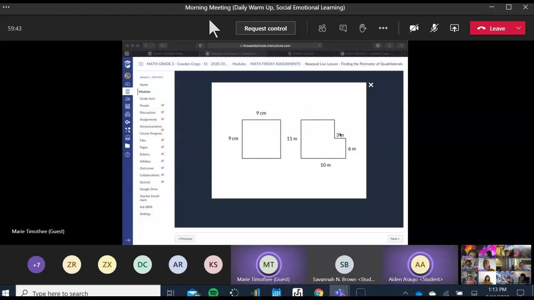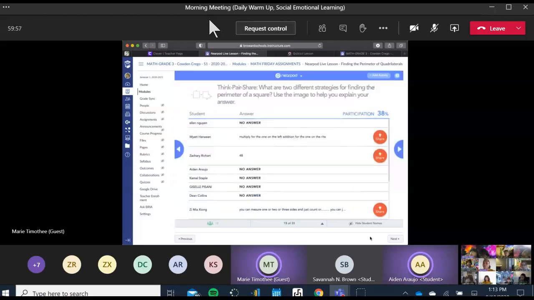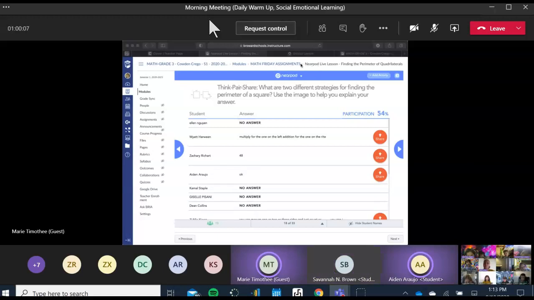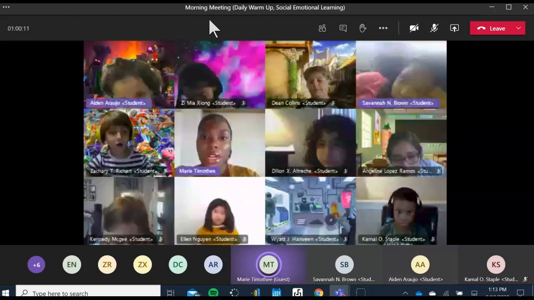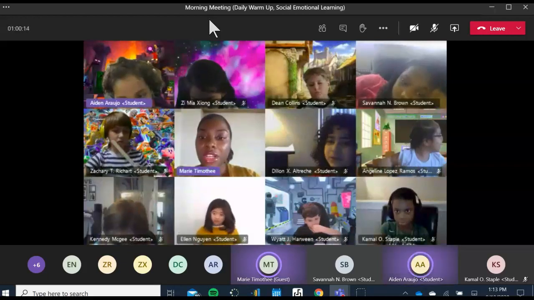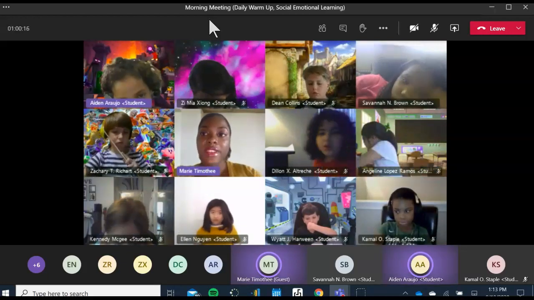So I would do 10 minus 3 to find the length of this, which would be 7. So that's the strategy. I'm not going to find it with you guys because I know this one is a little difficult, but that's the strategy that we would use. We'll do more difficult shapes like that, guys, throughout the school year, but that's the strategy that I would use for that.